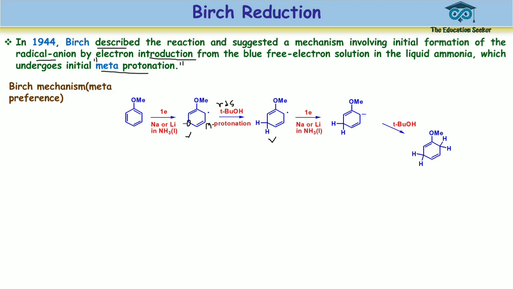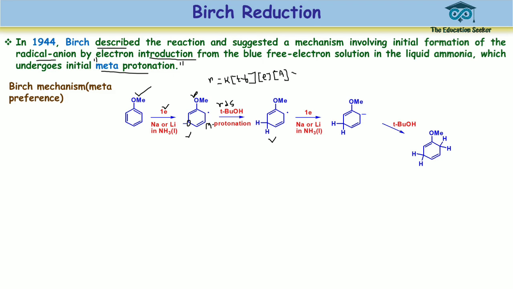So we can write rate equal to k, that is the rate constant, multiplied by the concentration of tertiary butanol multiplied by the concentration of this species, and this species is coming from one electron and the anisole molecule. So we can write the concentration of electron multiplied by the concentration of the anisole molecule.